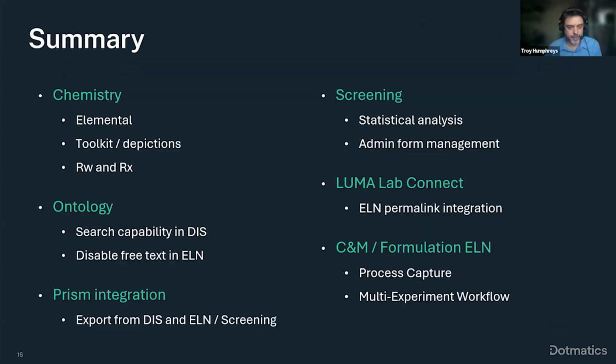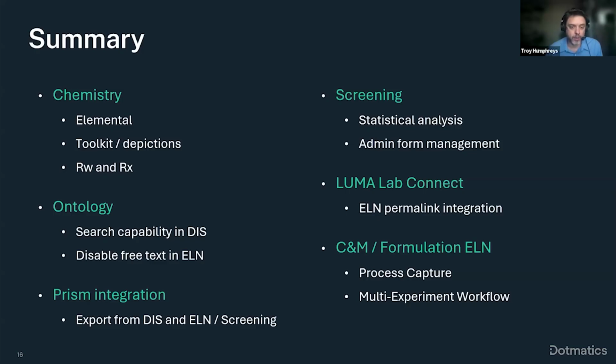All right, so in summary, we've shown you some great new features in small molecule workflows, including Elemental, our chemistry toolkit, reaction workflows, and reaction explorer. Jumpa showed you expanded capabilities when you set up ontologies to manage your vocabulary and terms. We both showed you some of the new features in support of Prism and Prism 10.